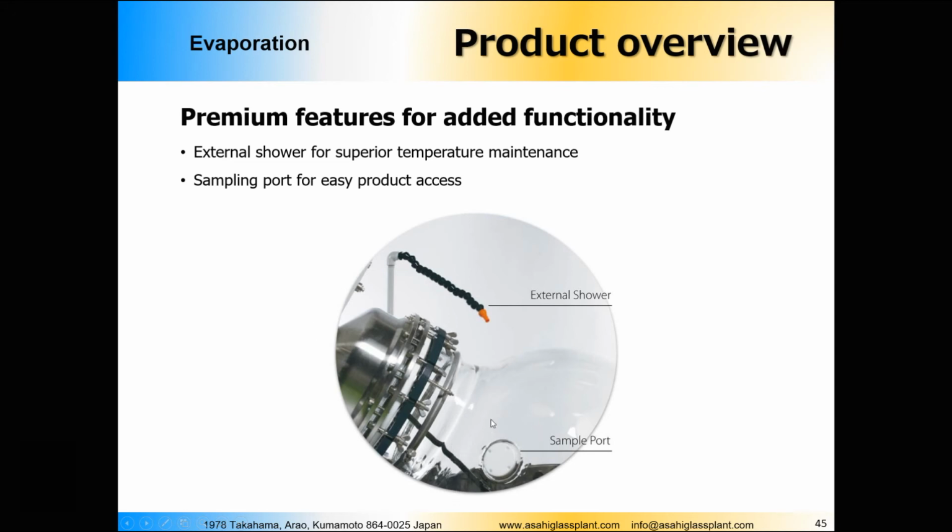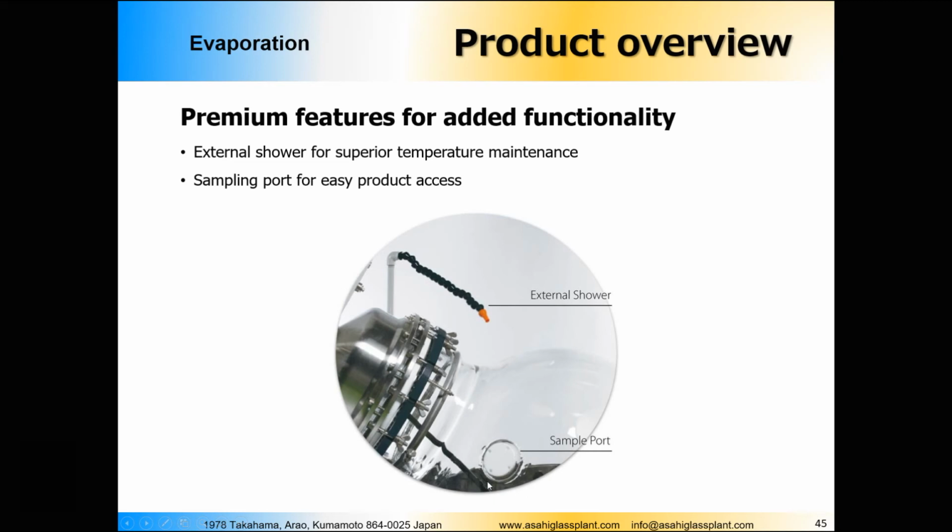And what is also important, and this is something that I saw only at Asahi, is the sampling port. In order to take a sample from the receiving flask, for example, you are drying a powder, and you need to know at a certain moment whether we can stop the drying process or not. How can we do that?